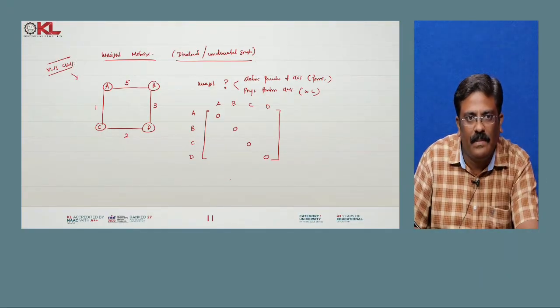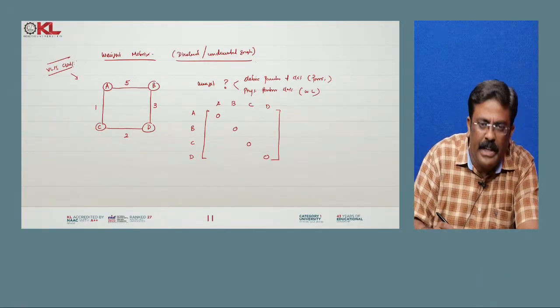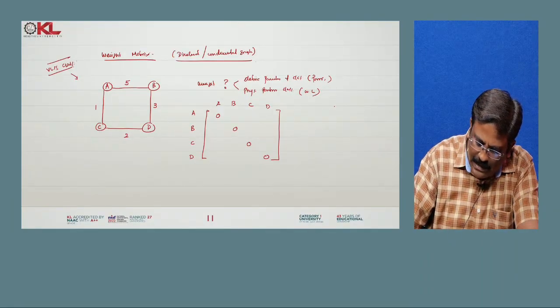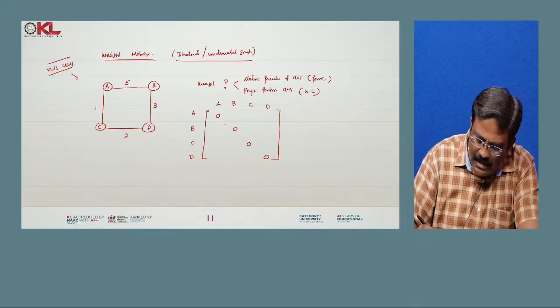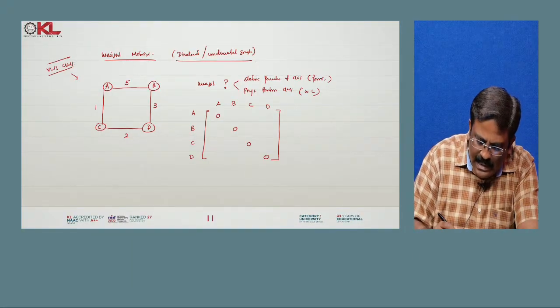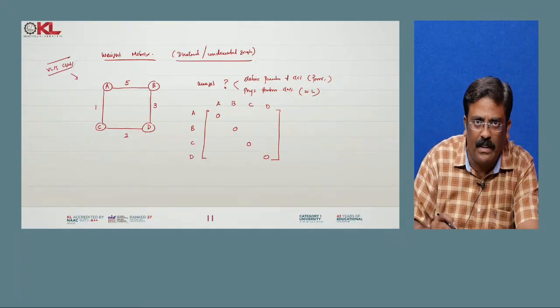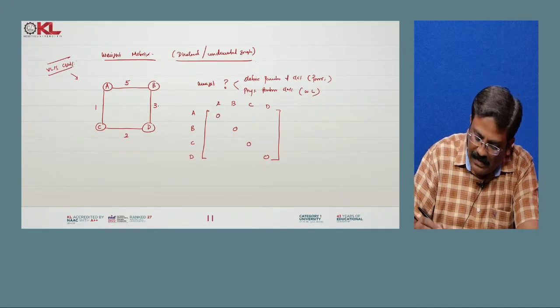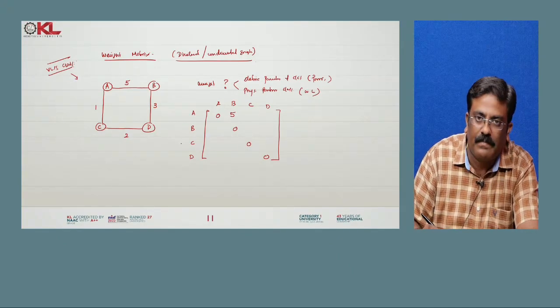Now A to B: in a connection matrix, when there is an edge, we write 1, but here we should not write 1. Instead we should write the weight of that particular edge. So we write 5.